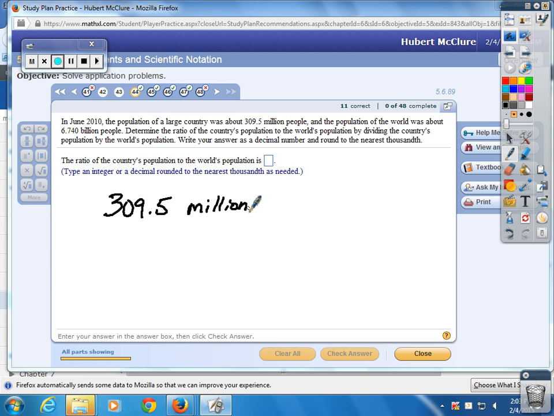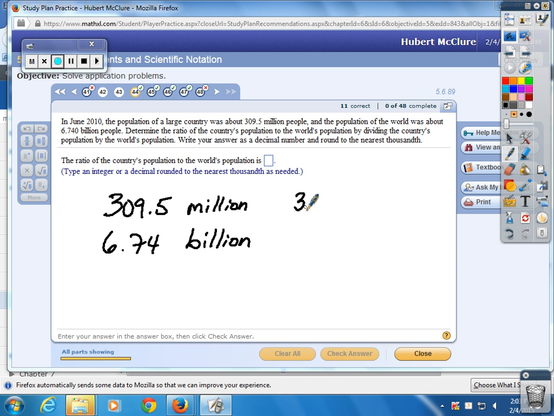And 6.74 what? Billion. So before we get started, I'm going to rewrite these so I can see what the actual scientific notation is. 309.5 million means 309,500,000.